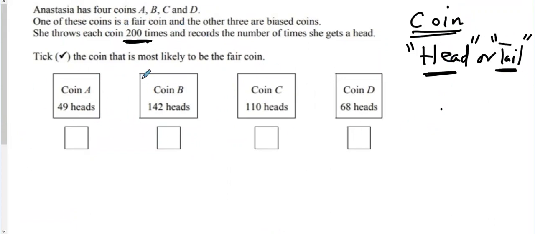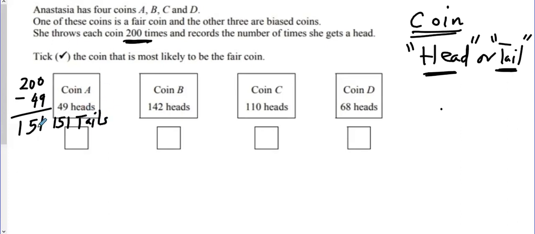Now let us see which coin was fair here. This experiment was done by throwing a coin 200 times. For coin A, we have only 49 heads. If you subtract 200 minus 49, you get 151 tails.